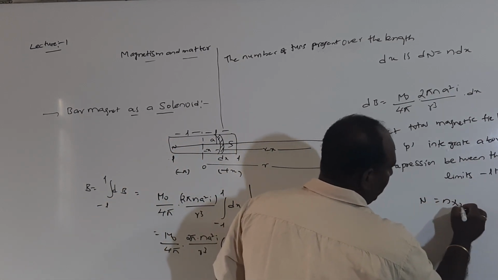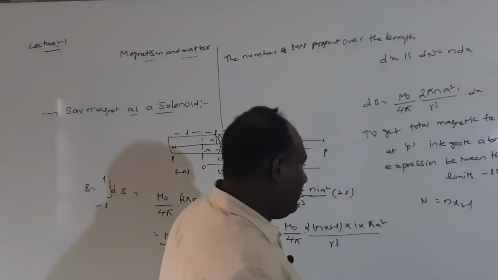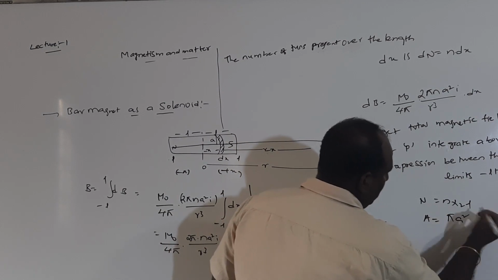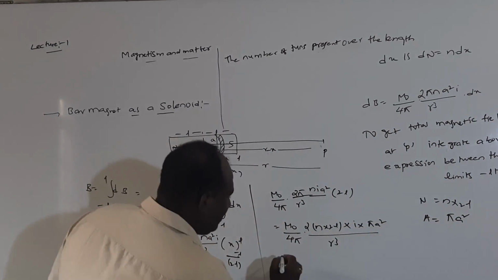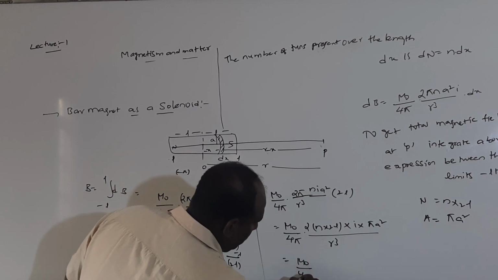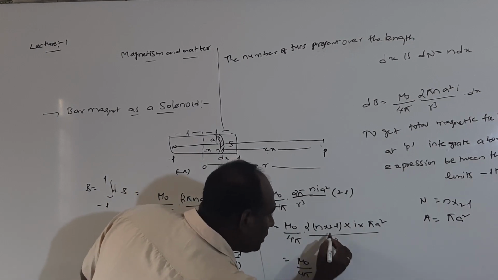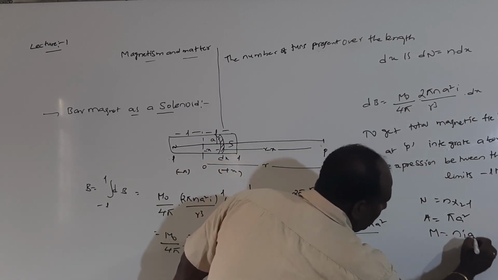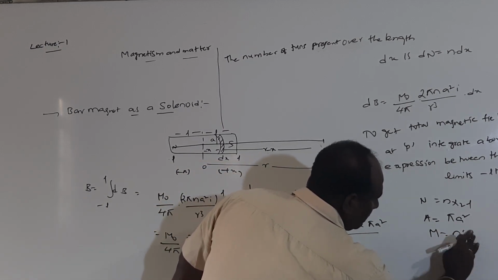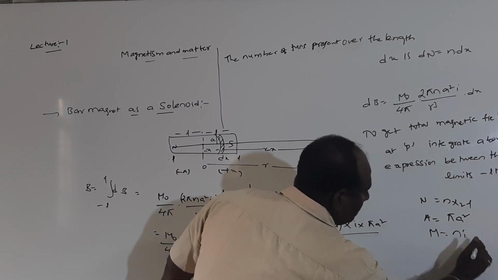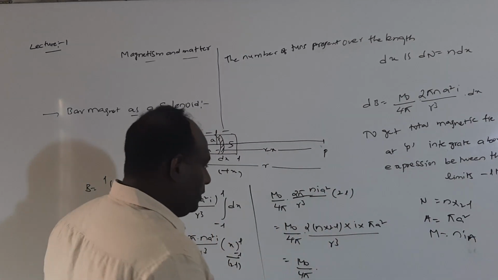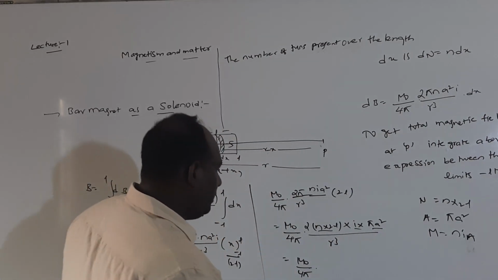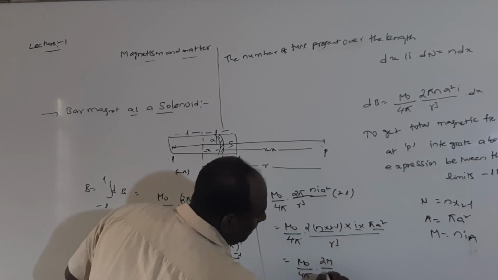Capital N is equal to small n into 2L, and capital A is equal to pi A square. Then finally you get mu naught by 4 pi into this NIA. What is the formula for m? m equals NIA only, no? Sorry, this is capital A, the area of cross section. So all these terms together become NIA. So I can write 2m by R cube.